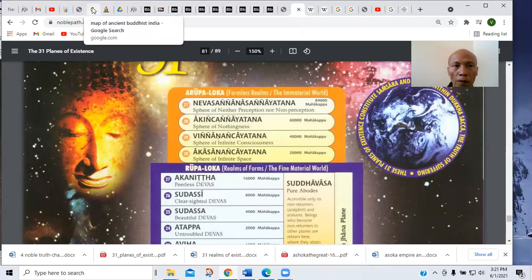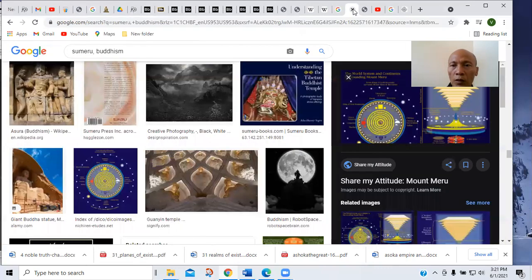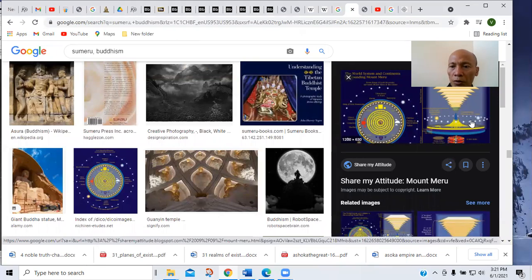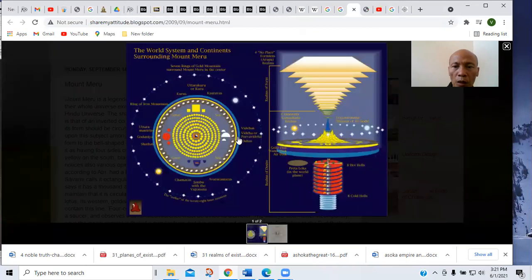Okay, so let me show you this chart. This is Mount Sumeru, and we have six types of heavens, and this is the realm of humans. Remember, there are all types of humans, not one type of human.